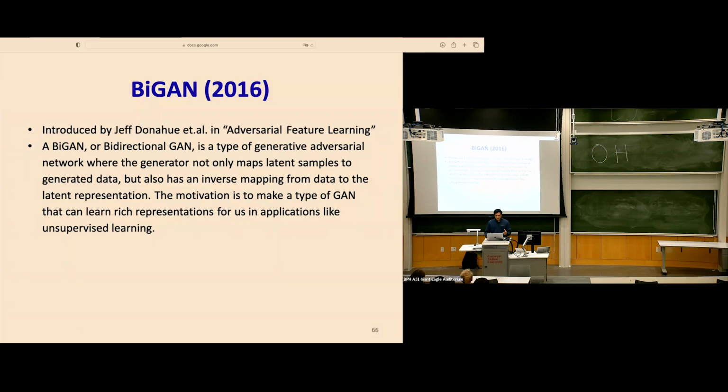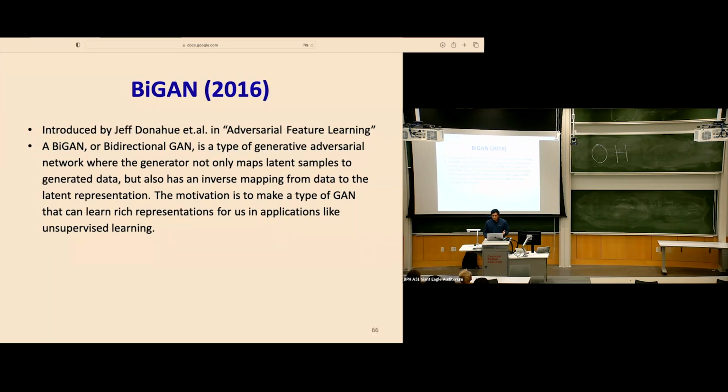The idea is that this is the type of GAN where the generator not only maps latent samples to generated data, but also has an inverse mapping from data to the latent representation. Mapping from simple latent distributions to arbitrarily complex data distributions has been demonstrated empirically with compelling results, right? We've seen those results with time and they just keep improving.